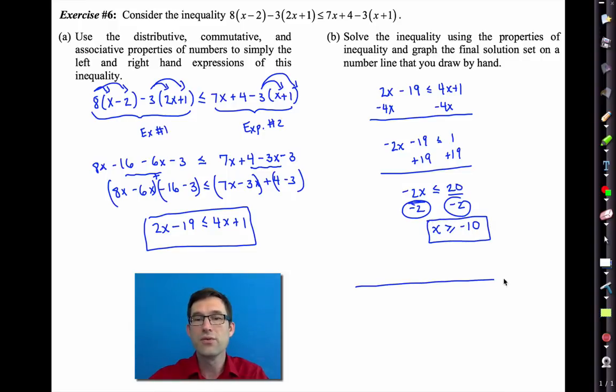To graph our solution set, we would draw a little number line, maybe orient 0 on there, orient a negative 10 on there, and with it all in blue, you can't see it very much. That's where students like to do this. And there's our solution. All right. That's it. So I'm going to clear this out. Pause the video if you need to.